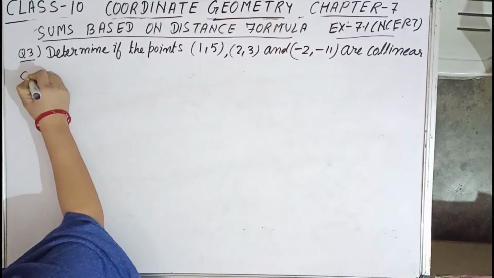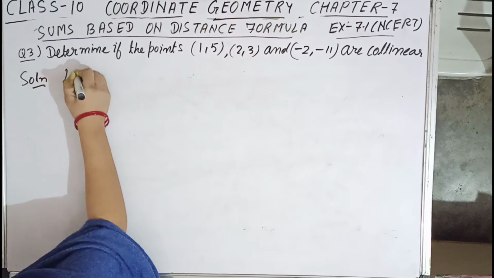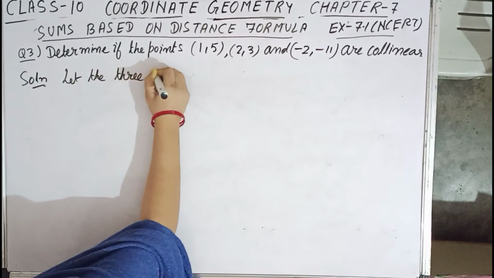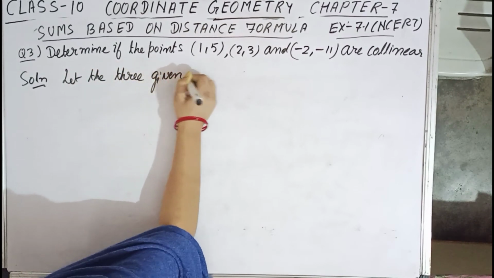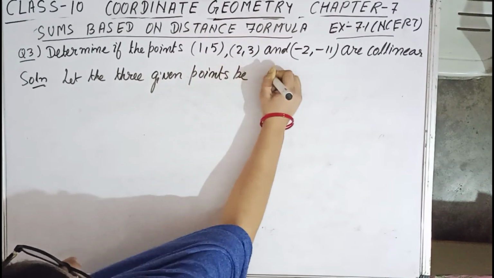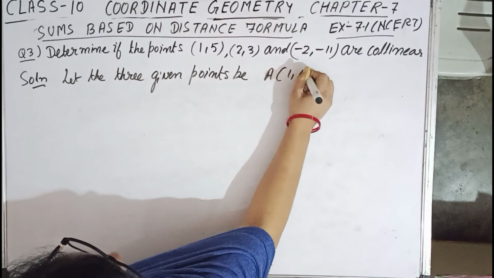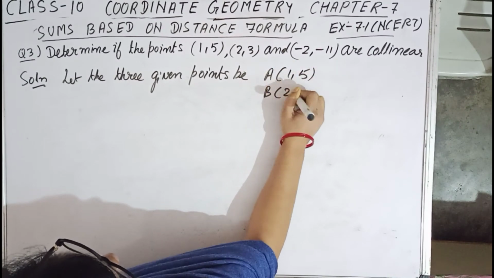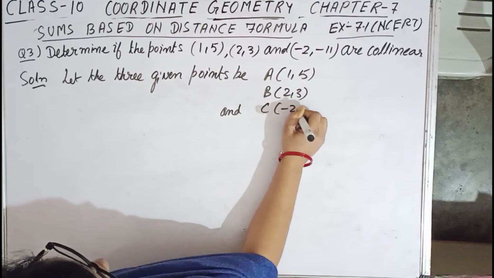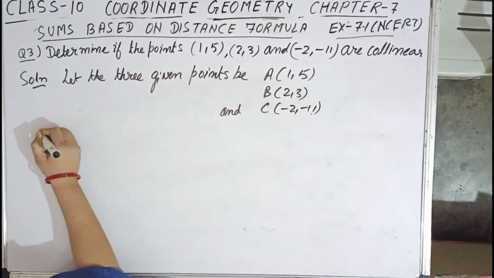Solution. Let the 3 given points be A(1, 5), B(2, 3) and C(-2, -11).